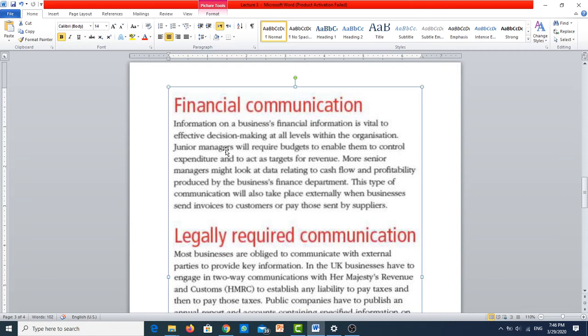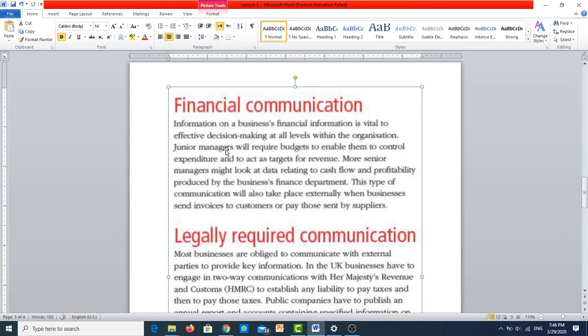So if the communication within the finance department with other departments is good, it will put the business in a profitable situation.